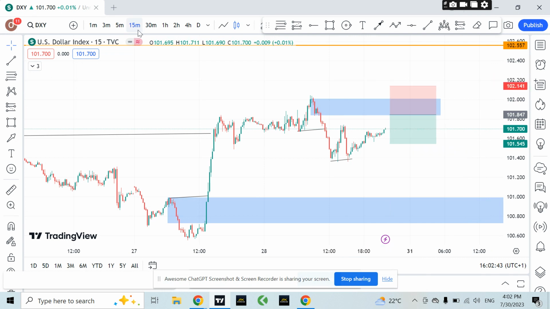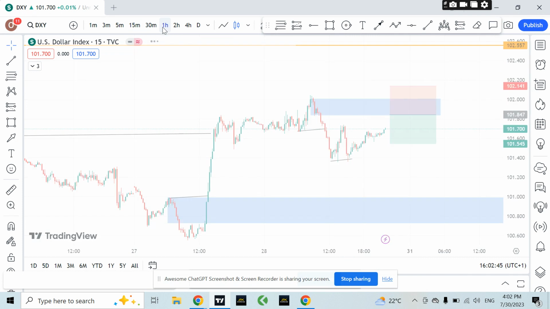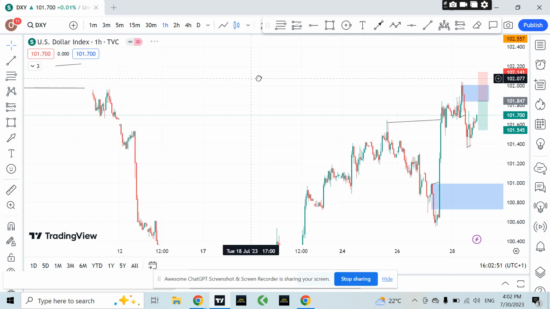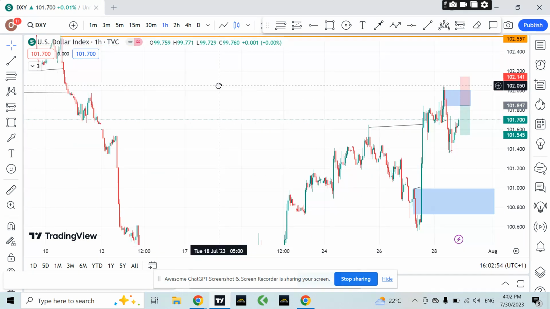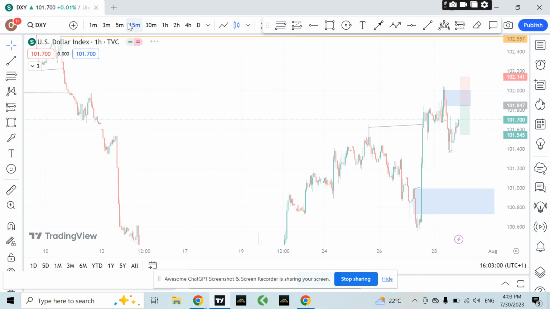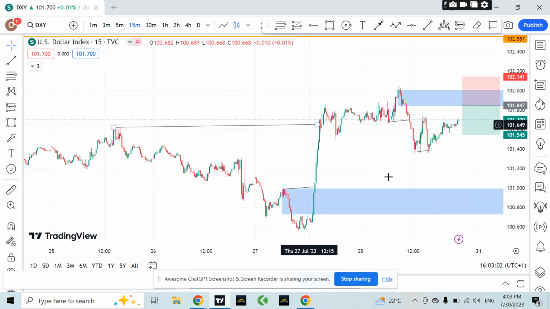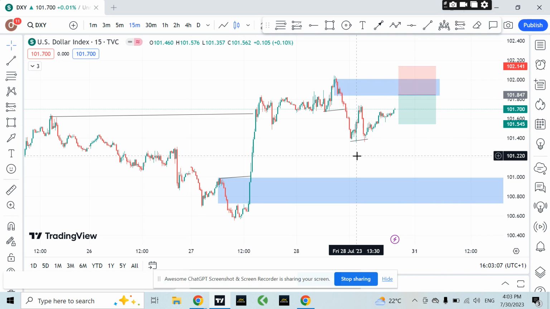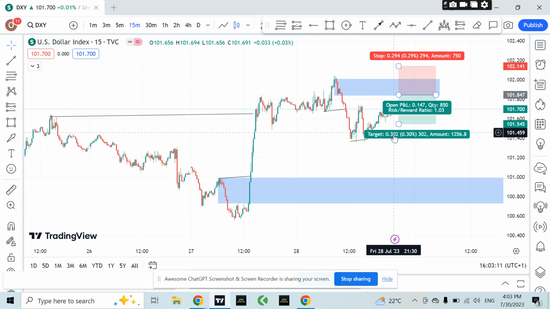If I'm putting my stop loss there, let me go to the higher time frame and see that position. It's okay at that level. So the liquidity up there would have been cleared, meaning that if the market actually wants to respect the bearish move, you can sell from there.